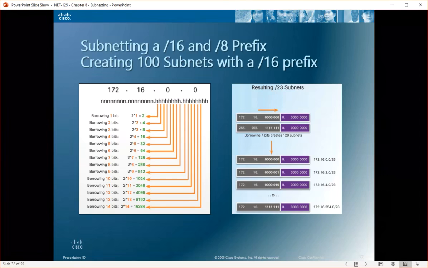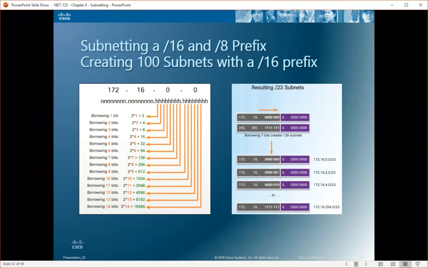So we have a 0, 1, 10, 11, 100, etc., going all the way up to 7 ones, 1111111 for our initial subnet. And then each of them, because we have a host bit left on this side, we're able to go 9 host bits in order to produce our hosts.